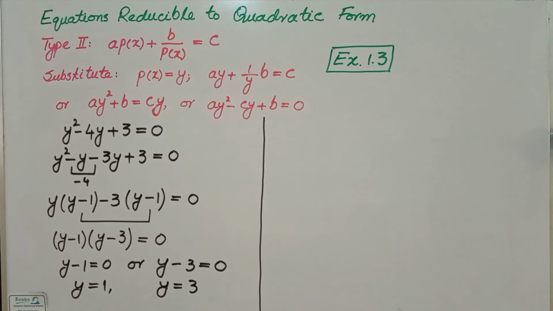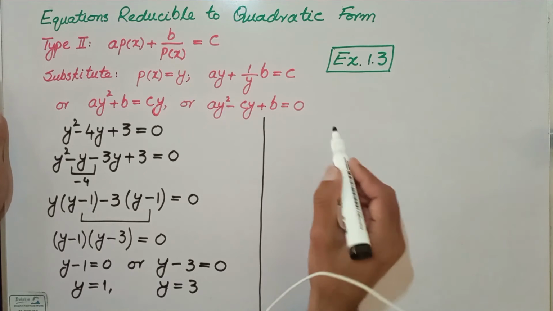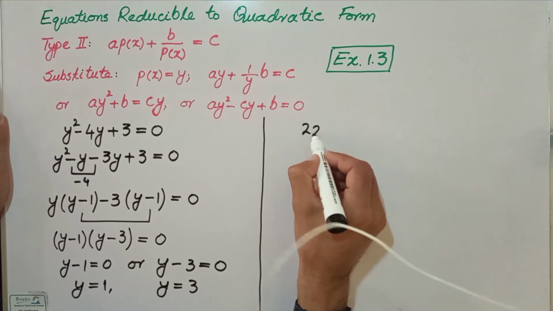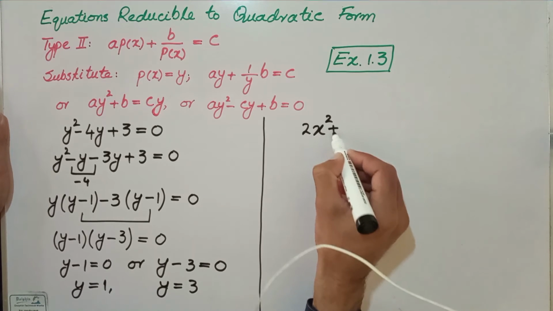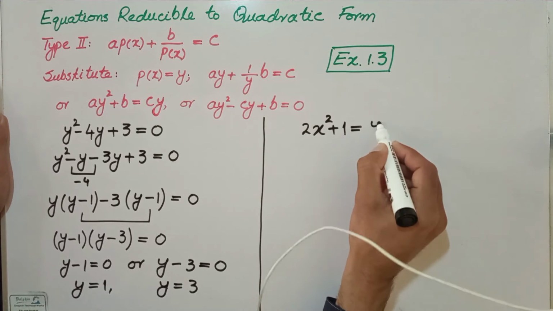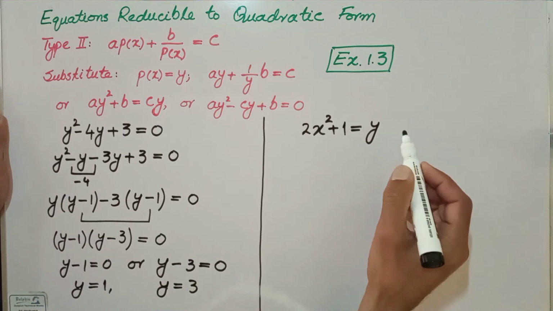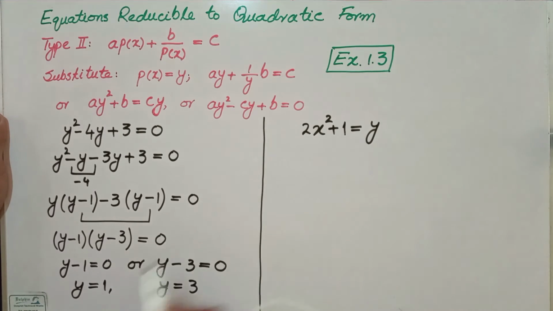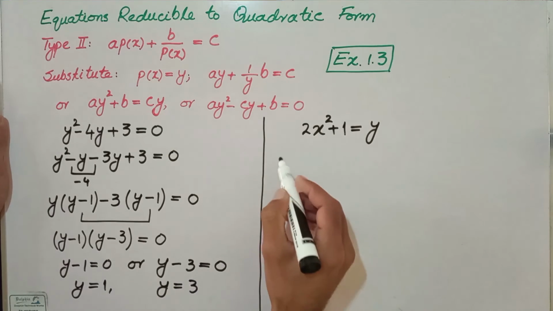Now we'll use these two values of y in our given substitution. Our substitution was 2x square plus 1 is equal to y. We'll replace y first by 1 and then by 3.